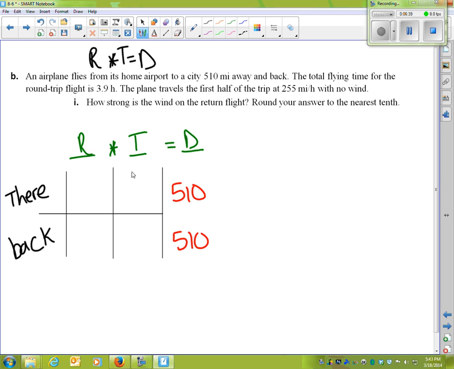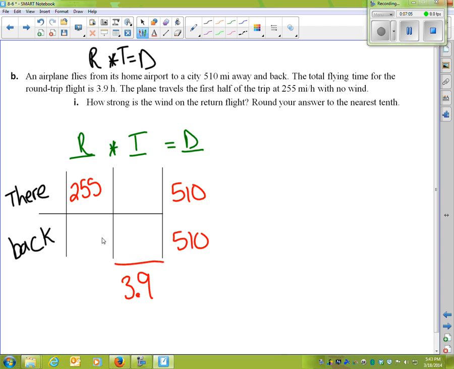So my total time, I'm going to just drop below my two boxes, is 3.9 hours. That's total. The plane travels the first half of the trip at 255 miles per hour with no wind. So my rate there is 255.